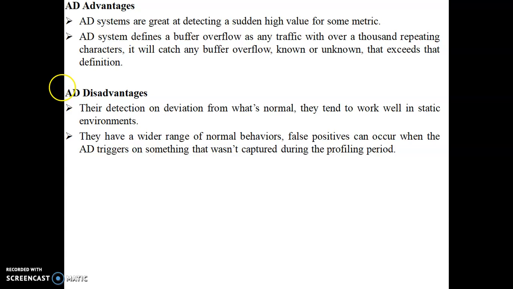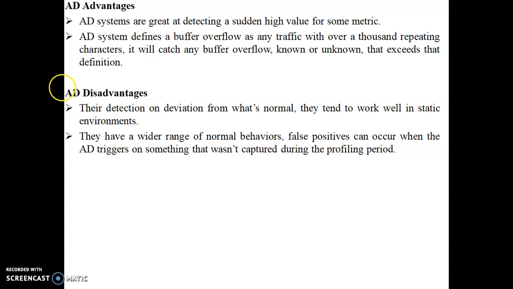And false positive means what? Something which has not been an attack, but AD identifies it as a type of attack, so it is considered wrong. A patient who is not suffering from malaria but has been identified as a positive case for malaria, that is called a false positive.